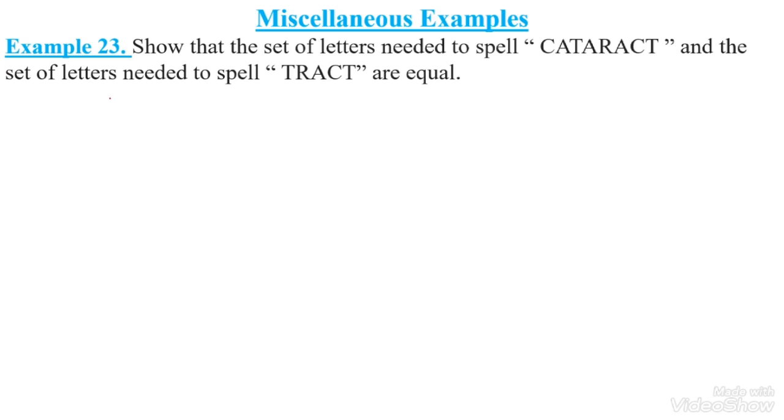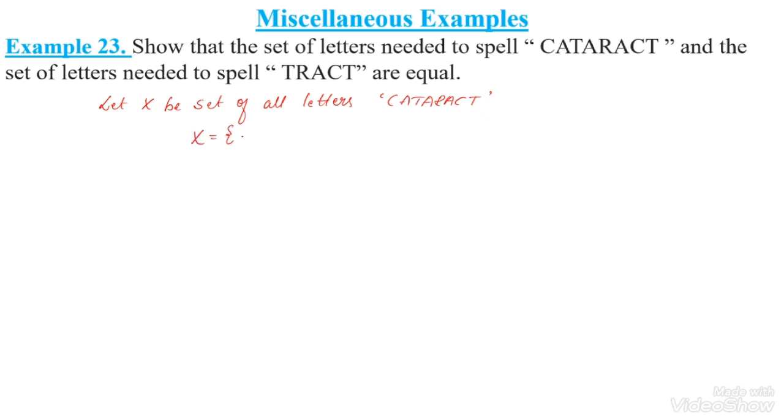Now first I would like to consider the letters of cataract. Let X be the set of all letters from the word cataract. I will write it in set form.